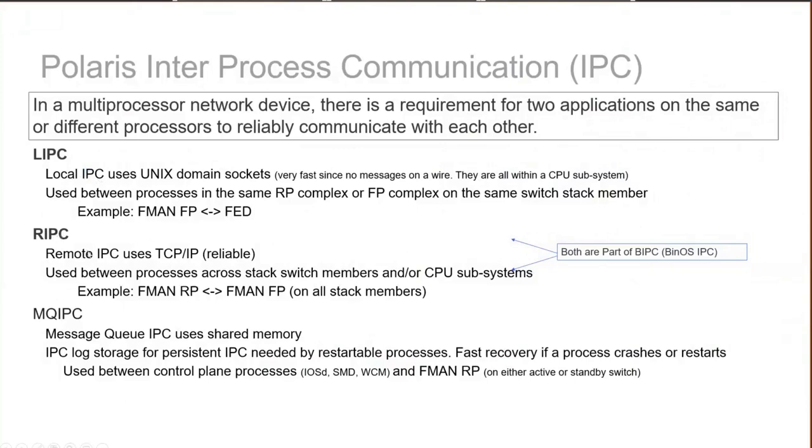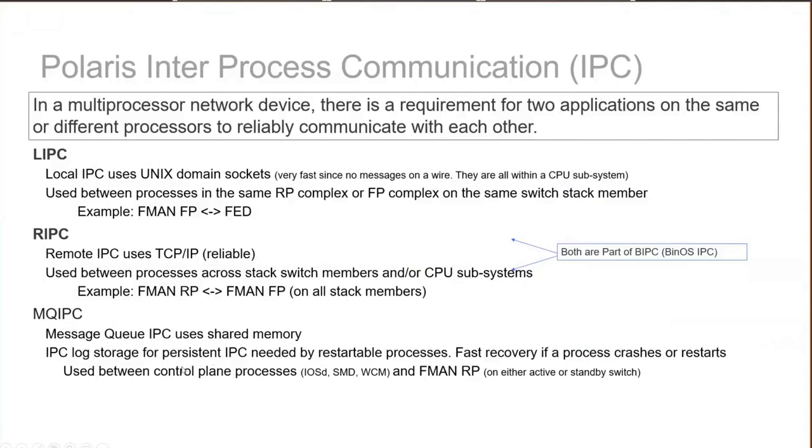Remote IPC, or remote inter-process communication, uses TCP to communicate with the same processes of different stack members, like FMAN RP communicating with FMAN FP. And MQIPC uses shared memory.